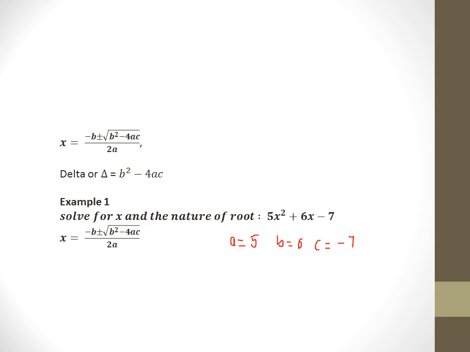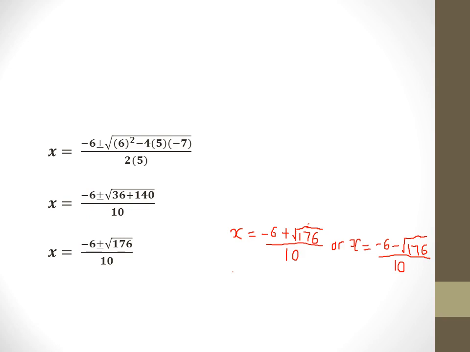After, we have to put the values of a, b, and c into the formula. So we are going to have minus 6 plus or minus square root of 6 to the power 2 minus 4 in a bracket, 5 in a bracket, negative 7.